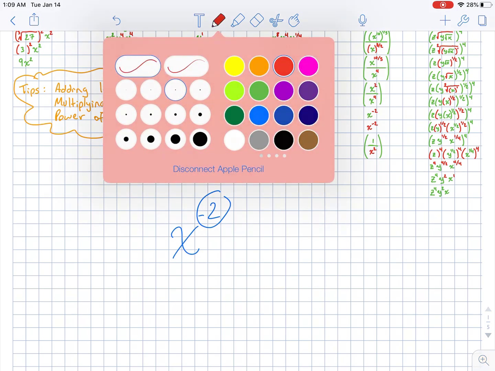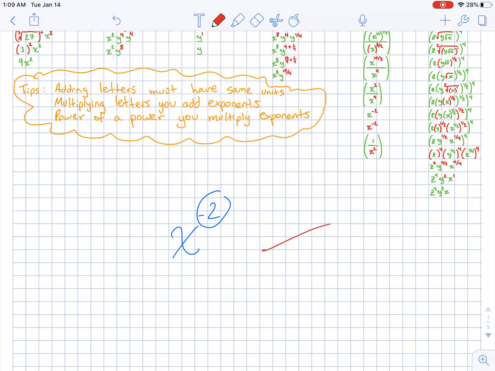A fraction has a numerator and a denominator. In this example, the numerator is x to the -2 and the denominator is 1.